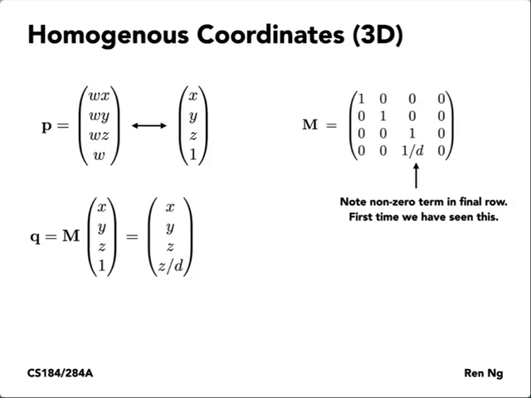And in particular, what we want is to have the output of this projective transform, Q, be equal to some matrix, the projective transform matrix, operating on an input point XYZ1. If we could do this, my claim is that we're going to have satisfied what we're trying to accomplish on the previous slide.